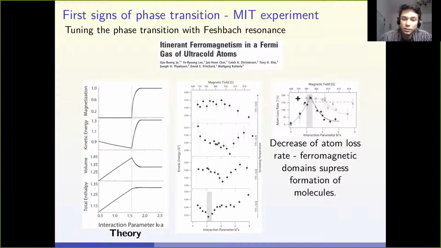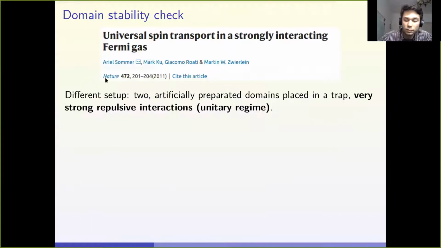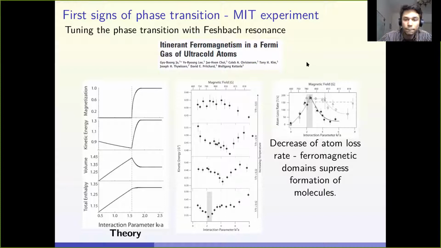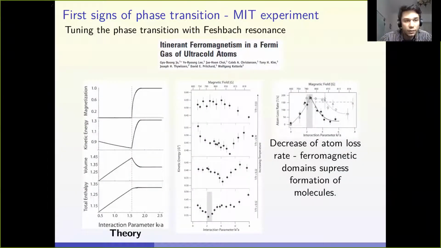And if you consider, for example, the paramagnetic state, so on the left of the gray box, then all atoms are mixed, and it's kind of easy for molecules to be formed.